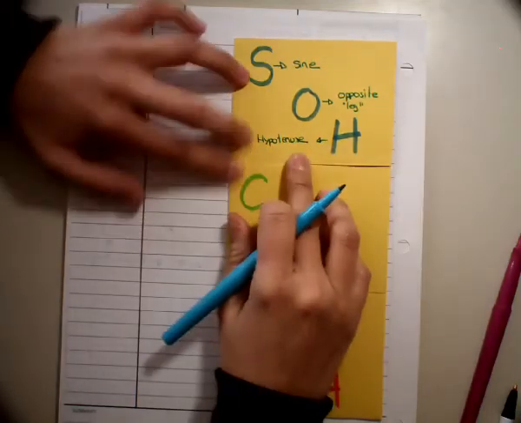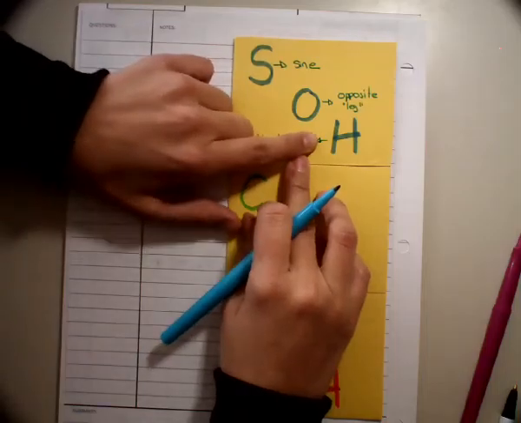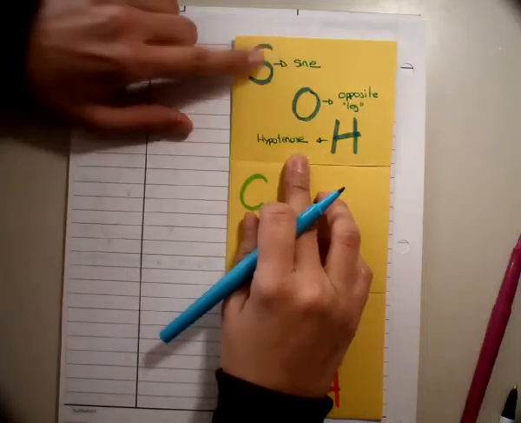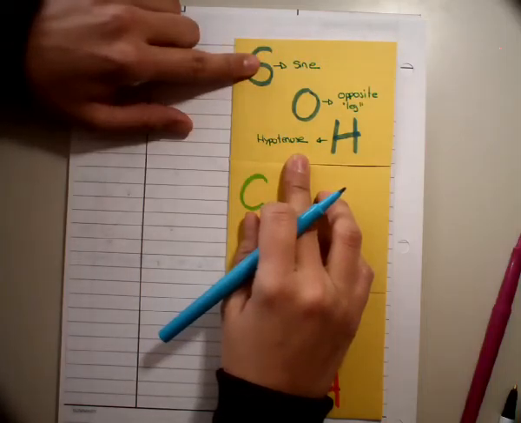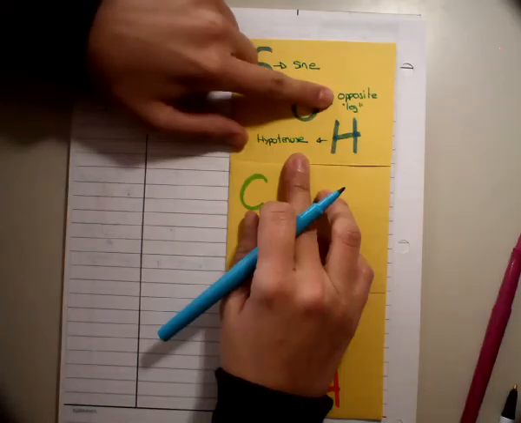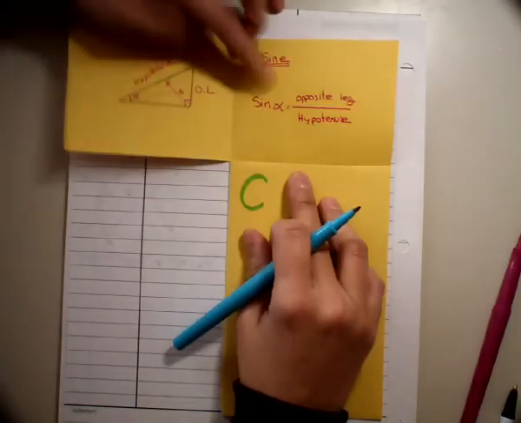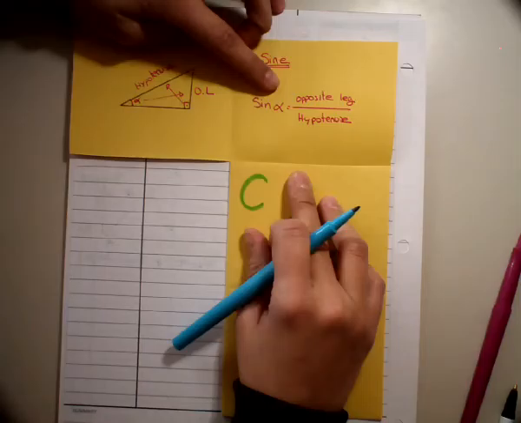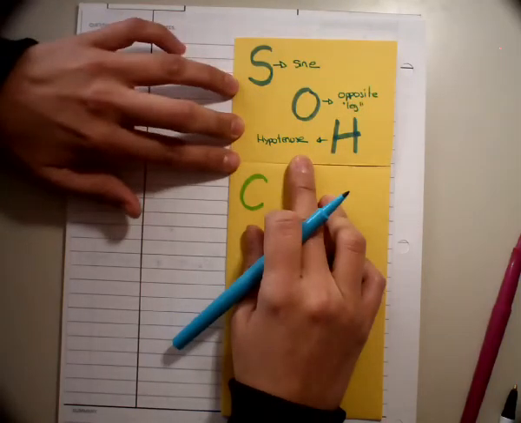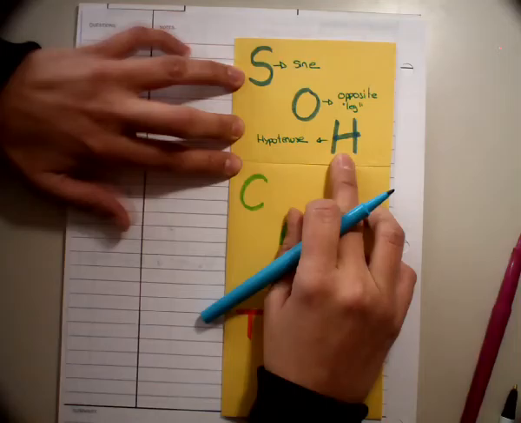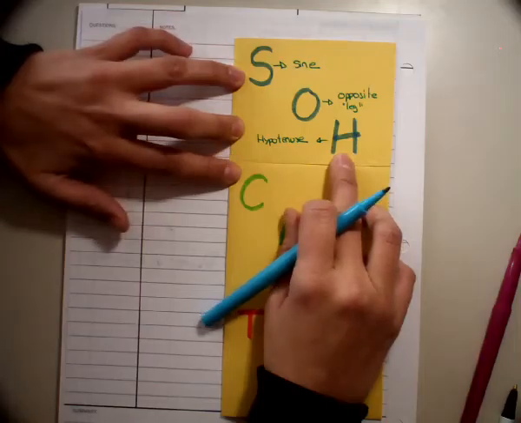So as you can see, SOH is the formula of the sine. Sine of alpha is equal to opposite leg over hypotenuse. That is the formula of the sine. Remember, even if we do not pronounce that H, we need to write it.